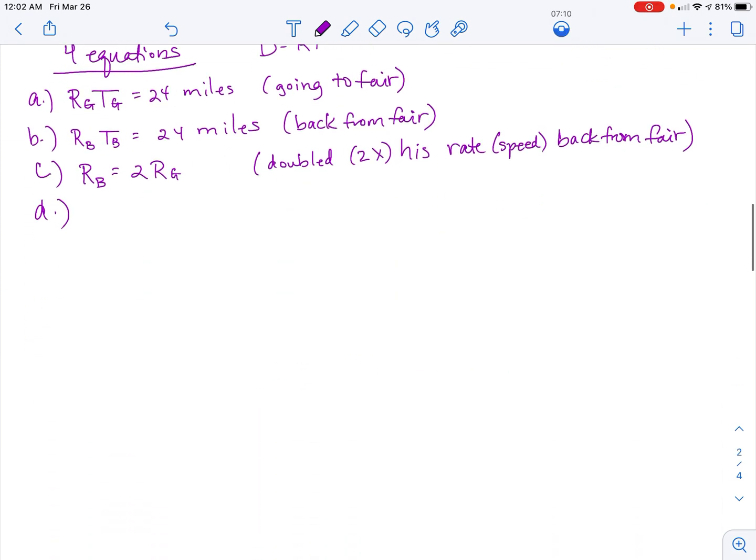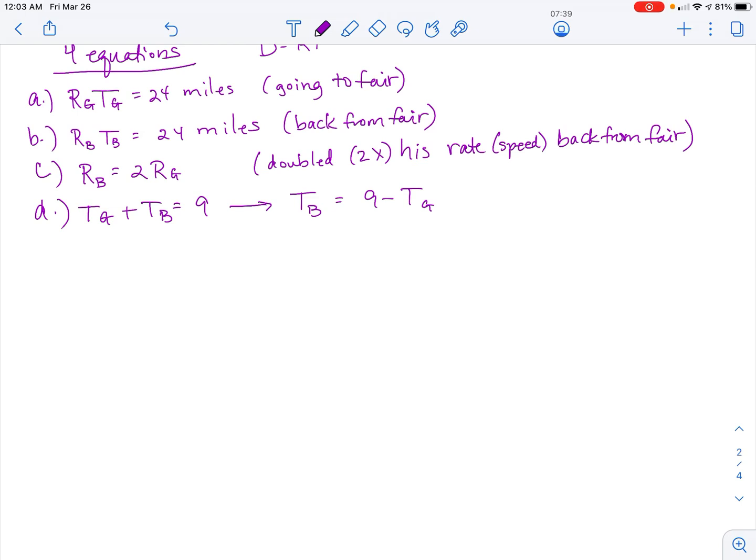His time going plus his time coming back was equal to 9 hours. Now, we're going to twist this around a little bit. I'm going to set this as the time back equals 9 minus the time going. We just want to re-express that because I need to use one of these variables.